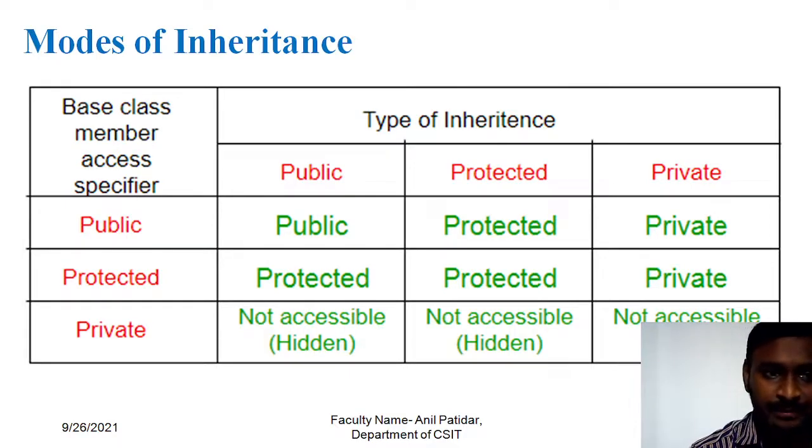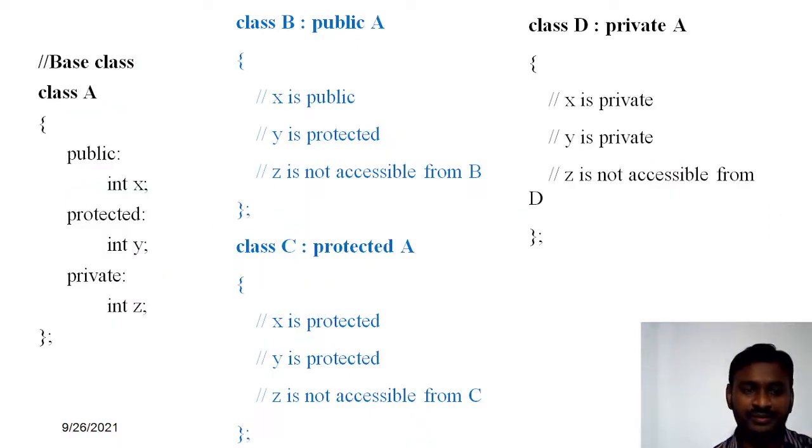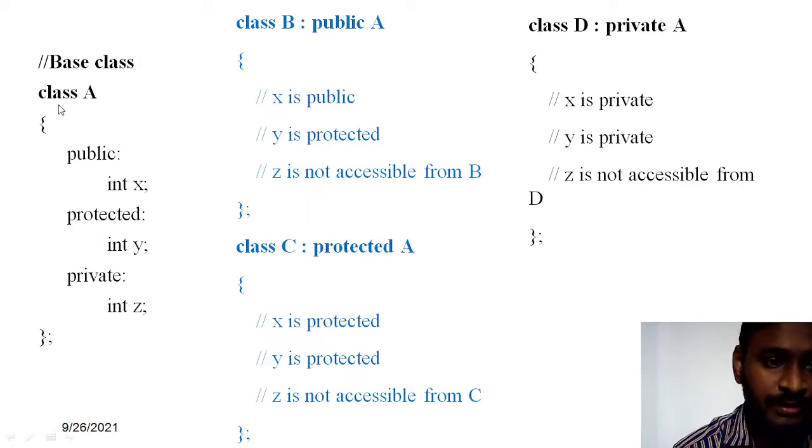Now take an example. See this example here. We have a base class named A. In this class we have declared 3 variables: one of public type x, second of protected type y, and third of private type z.